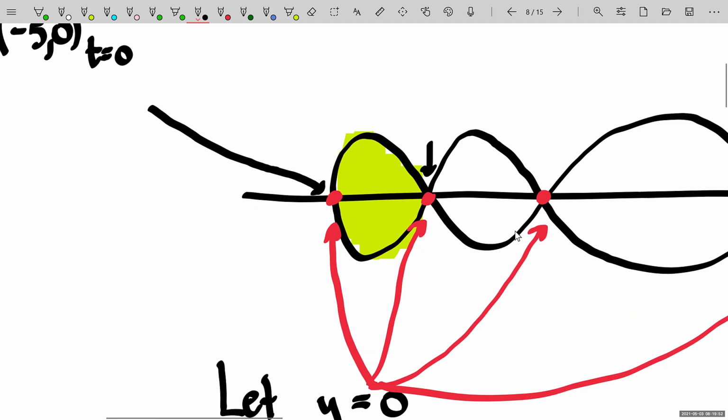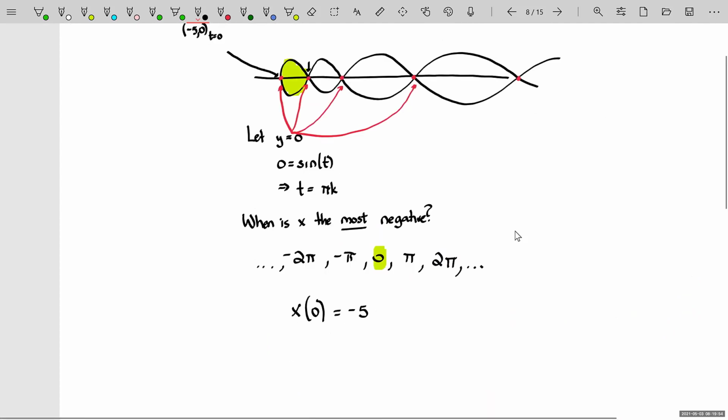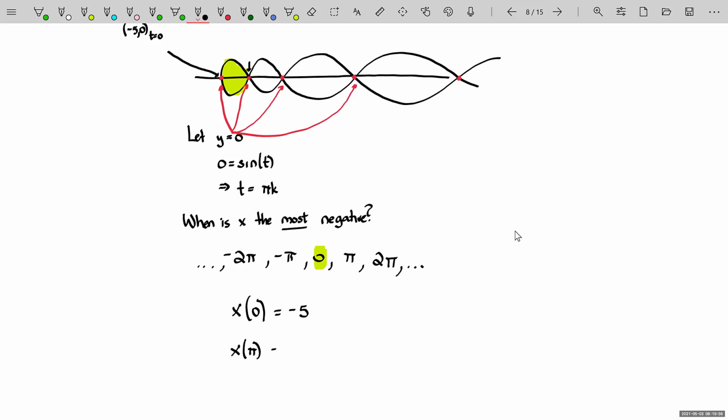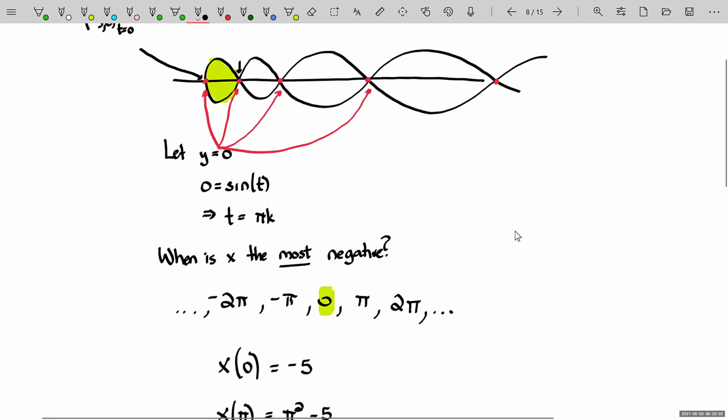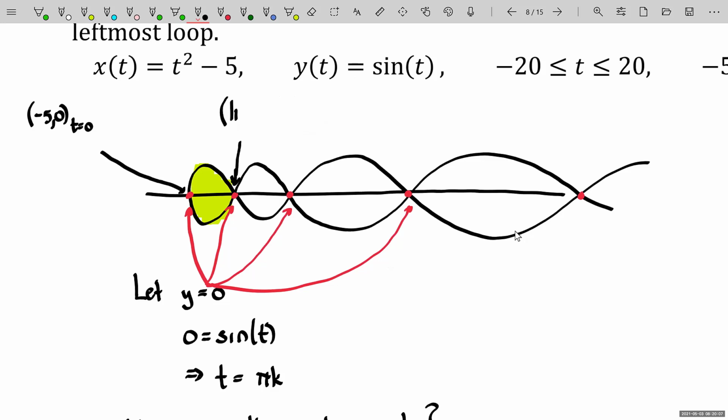I'm just going to plug in time equals pi, and we'll get pi squared minus 5. That point is pi squared minus 5, 0, and it occurs at time pi.